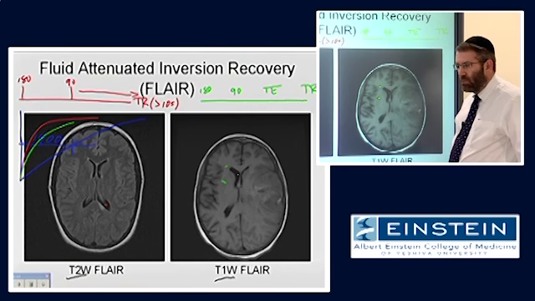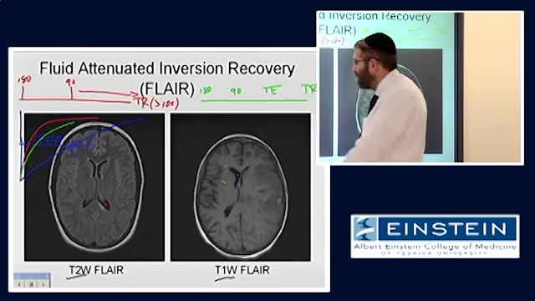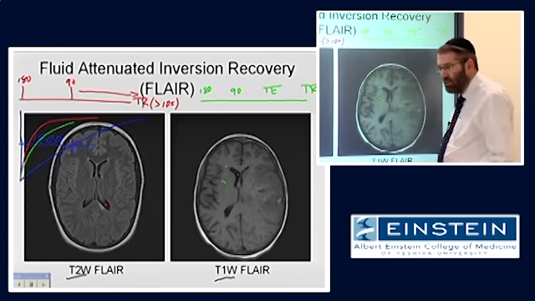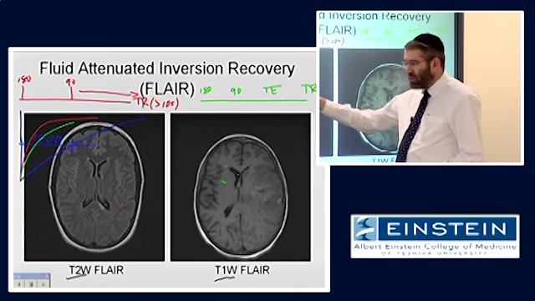Question? So then you can only do it if the graphs are the way you drew them, where the 0 point is where the other two have recovered completely. Because if you were to shift the 0 point to the left, then you wouldn't have the 0 points on the CSF, then you wouldn't have a complete recovery of the other two components. Well, the 0 point for CSF is where it is. In other words, it takes a fixed amount of time, depending on the field strength and the T1, to get to the null point of CSF.